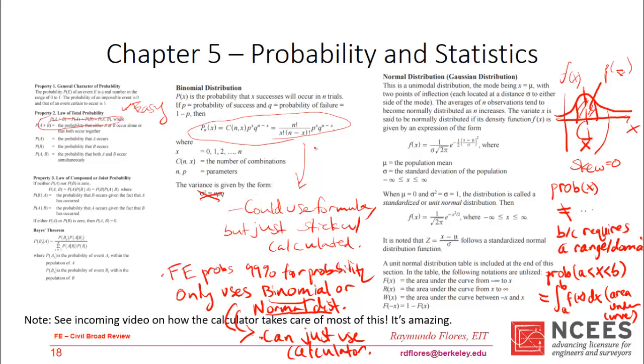But let me cover a little bit of what each variable means. Going back to the binomial distribution, P is the probability of success, and Q is the probability of failure. That means if you have some particular expectation for how something should go, you want to know the probability of that. For example, what's the probability that I'm going to pass the FE? Then you want to think in an inverse way: what's the probability that you're not going to pass?